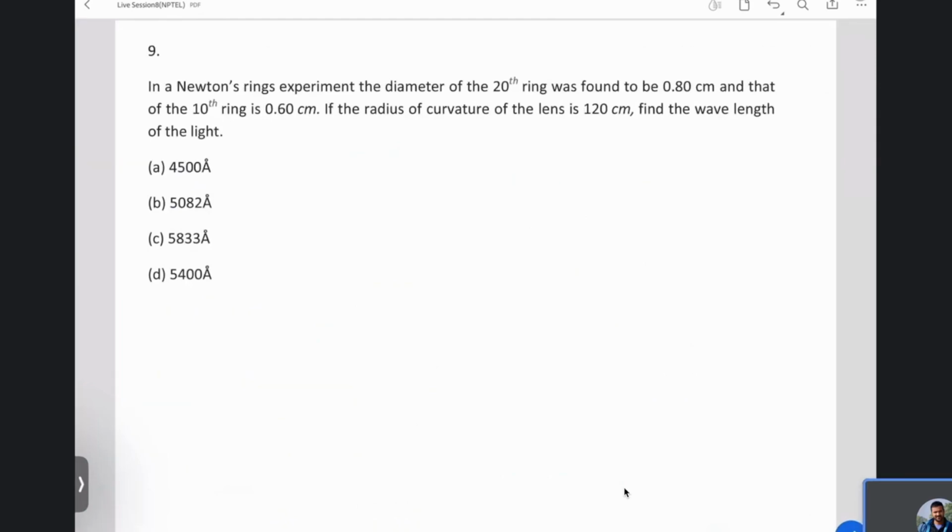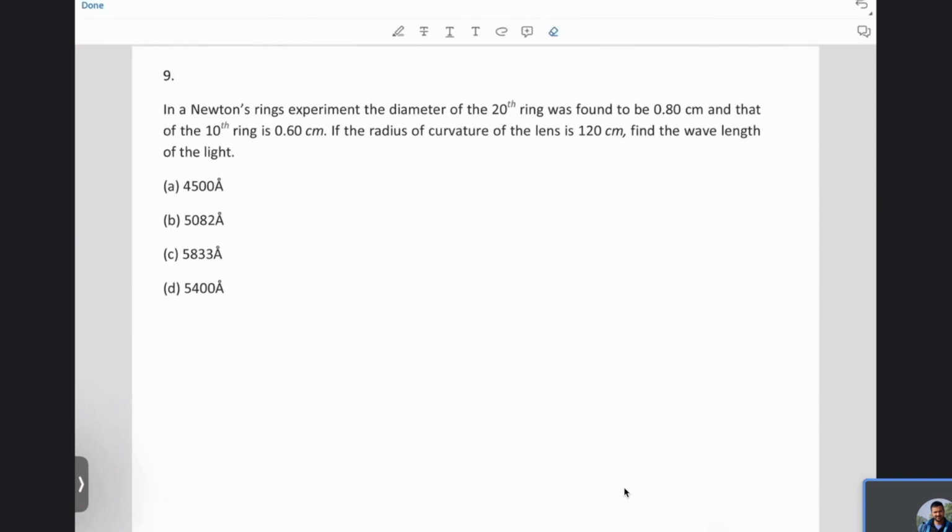Okay. Let's go to the ninth problem. This is also based on Newton's ring. So here, in a Newton's ring experiment, the diameter of the 20th ring was found to be 0.80 centimeter, and that of the 10th ring is found to be 0.60 centimeter.